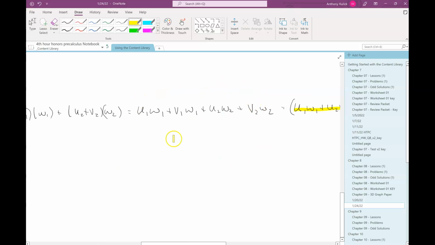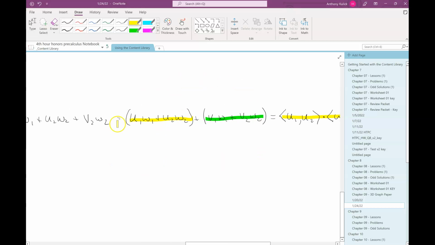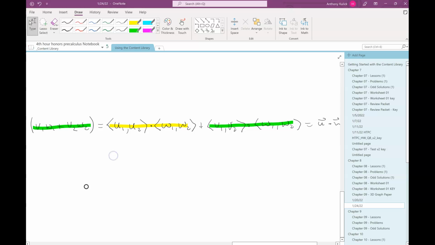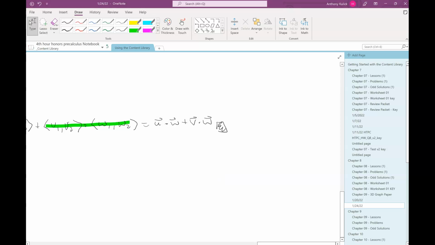Went ahead and distributed things through. Regrouped so that I had all the u's together and all the w's together. And then used the definition of a dot product to change those products and sums of real numbers into dot products with vectors. And that basically gets us home.